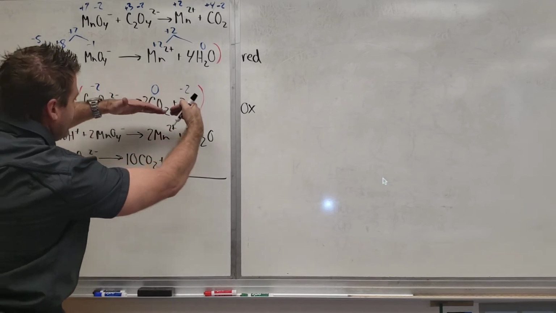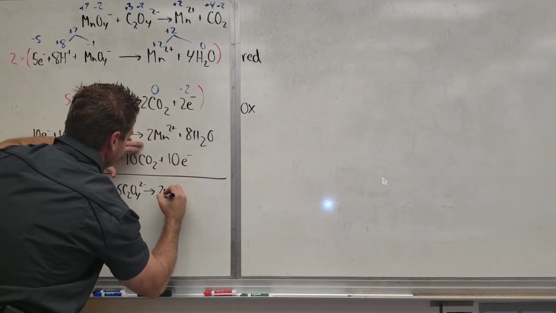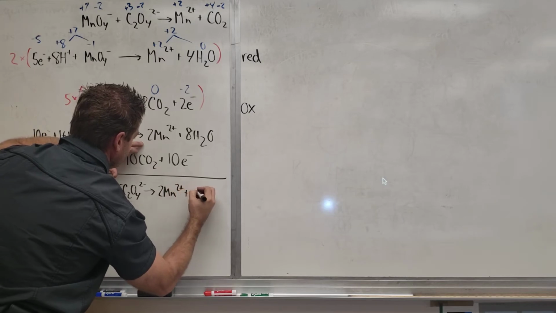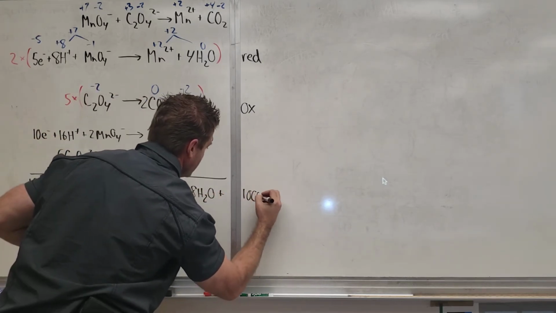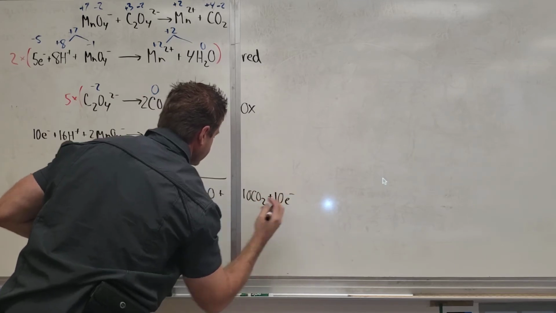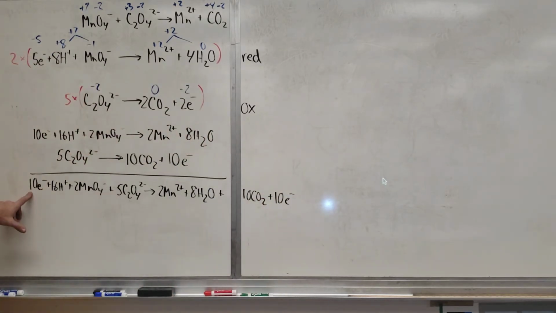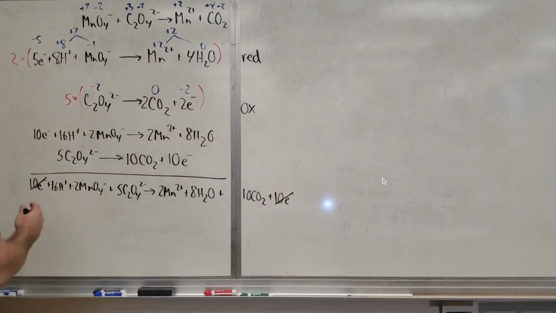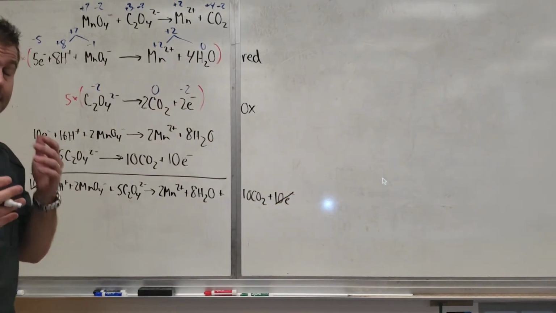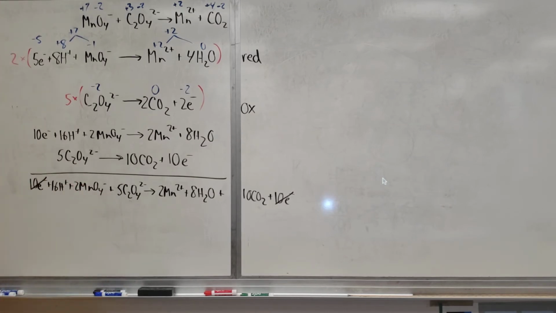And then I'm going to add everything on the product side. Then you cancel out whatever cancels out: 10 electrons on the reactant side, 10 on the product side, which is what I want, because you have to have the same number of electrons gained and lost. Does anything else cancel out? It does not.